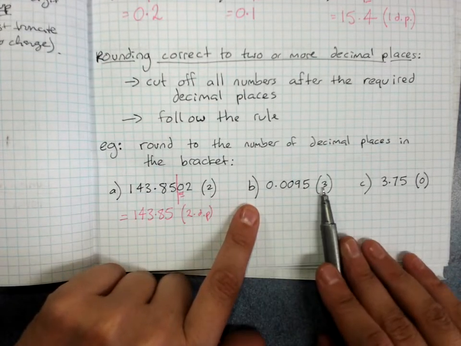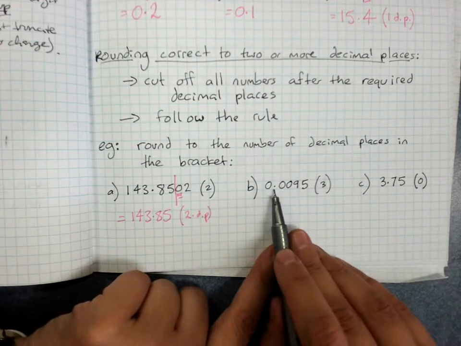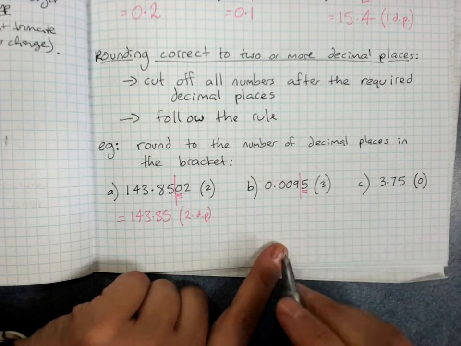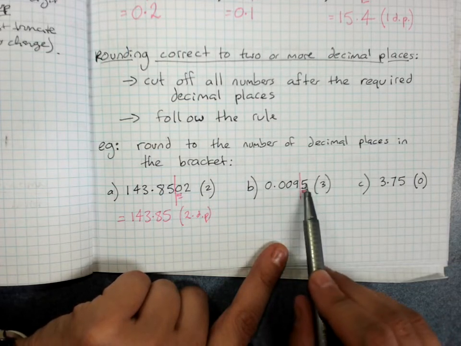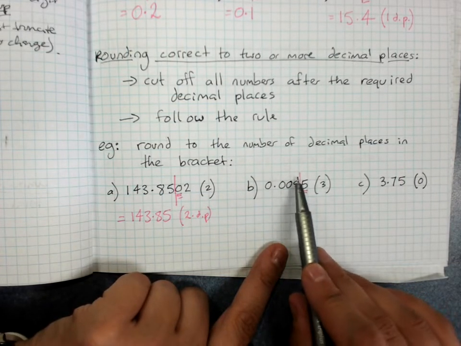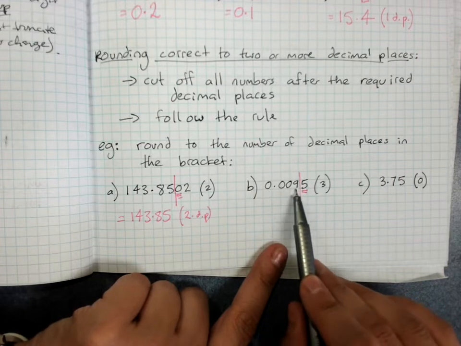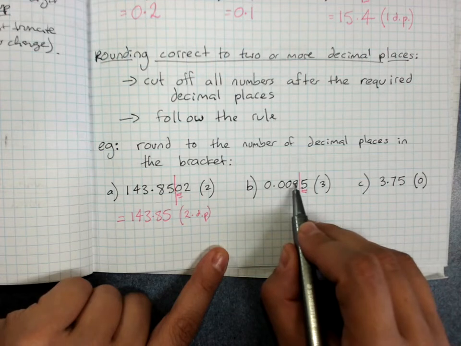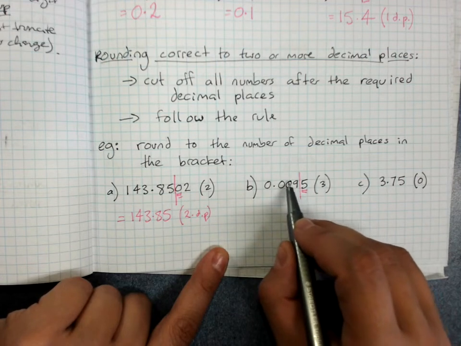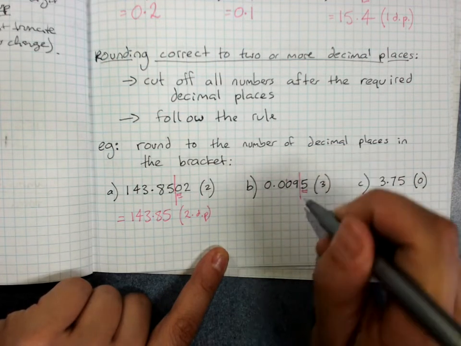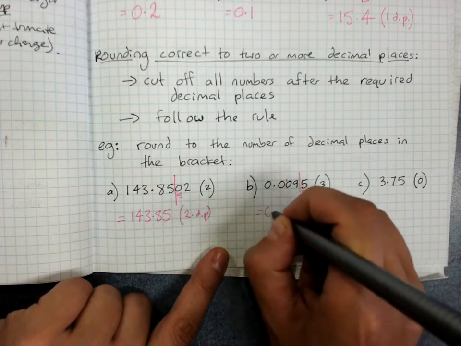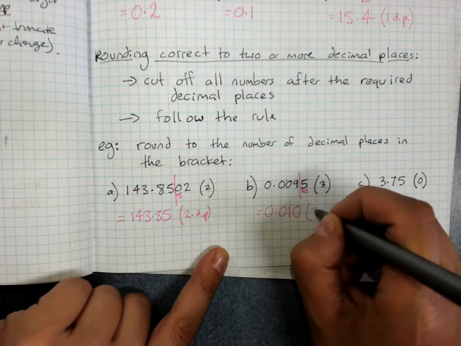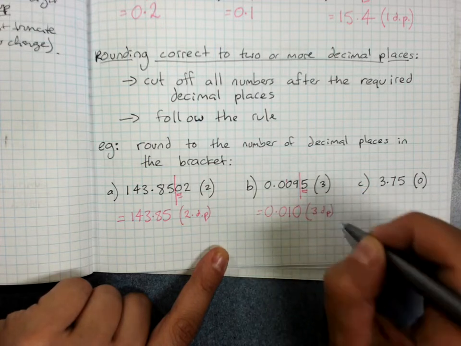0.0095 to 3 decimal places. So we go to the decimal point and we keep 3 numbers after it, and we look at this. 5 or more? Yes, it is. So we have to add 1 to our last remaining digit. Now, if I add 1 to that, I get 10. And I can't put 10. I'm actually going to have to carry my 1 over, and it's going to be 0.010 to 3 decimal places.